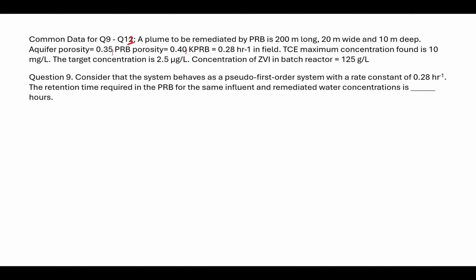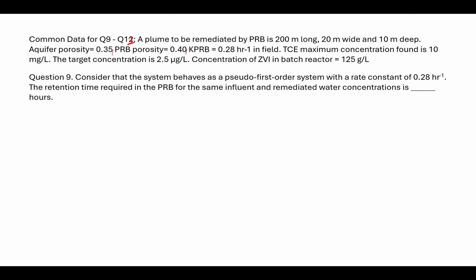K, the reaction rate constant for PRB, is given as 0.28 per hour in field, and TCE maximum concentration is found to be 10 milligram per liter. So we have C naught as 10 milligram per liter and the target concentration is 2.5 microgram per liter. The concentration of zero valent iron in batch reactor is 125 gram per liter.